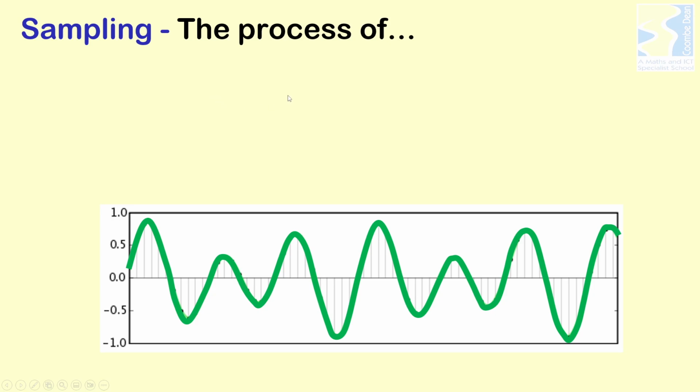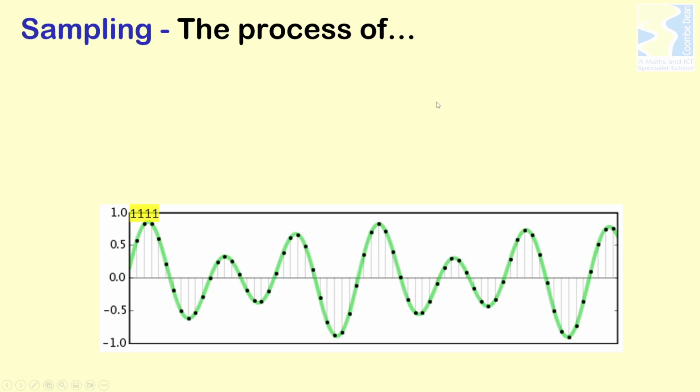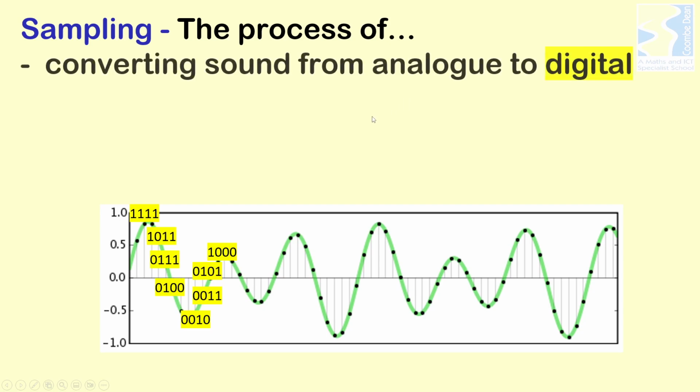Now, to store on a computer, this wave has to be sampled. So sampling is the process of taking measurements of the wave as it goes along and turning it into a binary number that can be stored depending on the height, the amplitude of the wave.